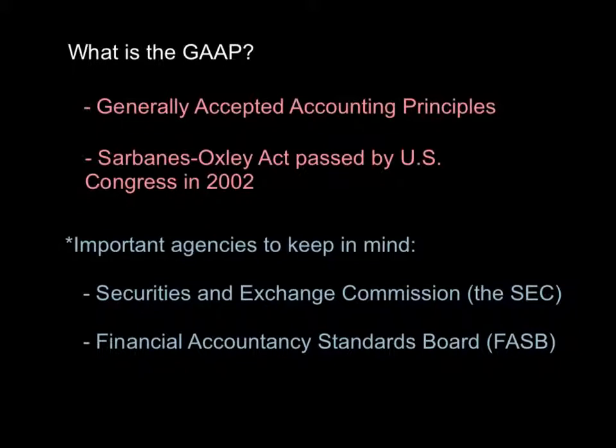And the biggest accounting standard setting body that is nationally recognized is the Financial Accounting Standards Board. The Financial Accounting Standards Board, or the FASB, are the ones that set the GAAP, the Generally Accepted Accounting Principles, that govern what all accountants do in legal practice within the United States.